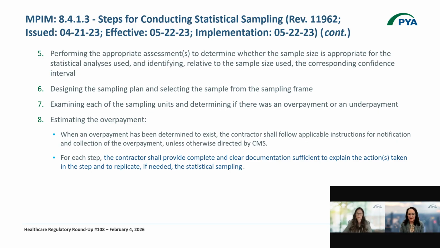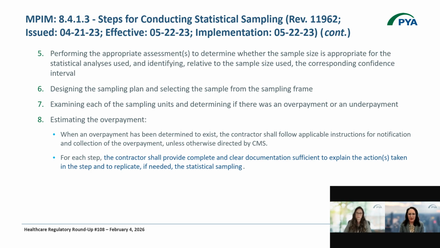It's kind of the step prior to the other. So making sure you have that sampling frame defined, then you're sampling through that with that sample size. So you're getting a random sample of all of that. Examining each of the sampling units and determining if there's an overpayment or underpayment. So then that's your documentation review.